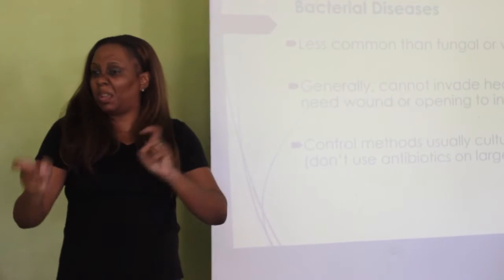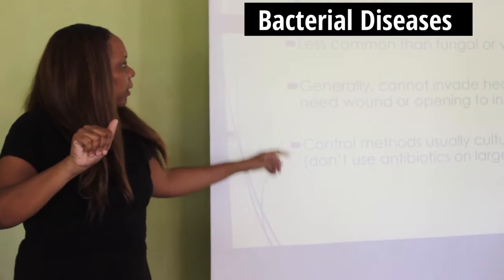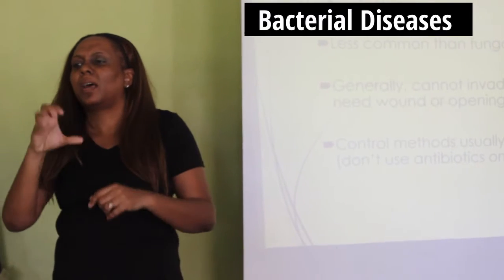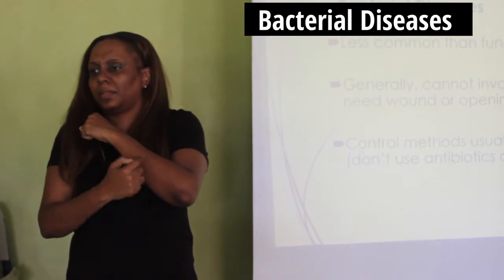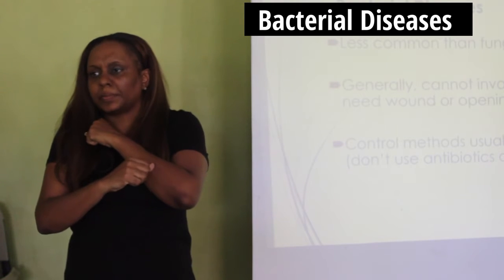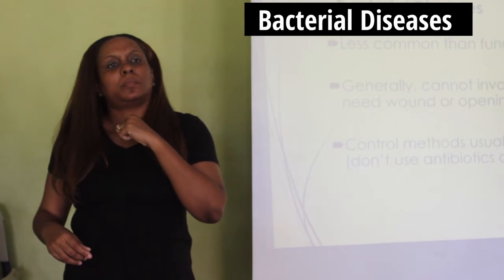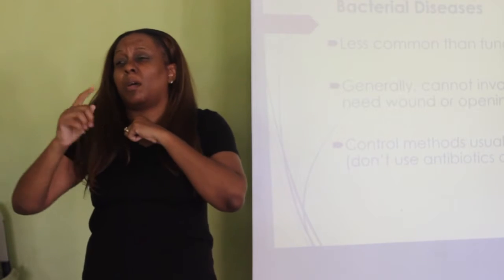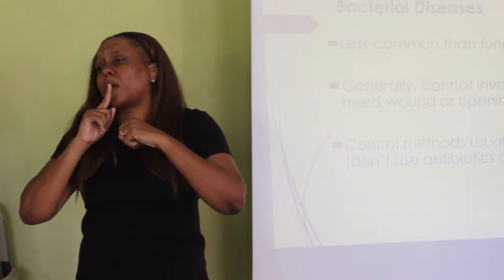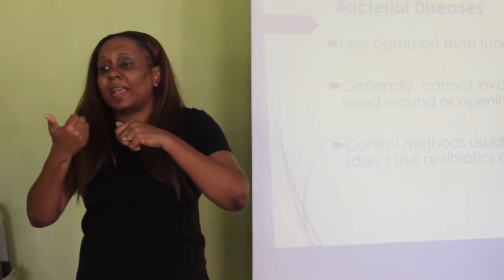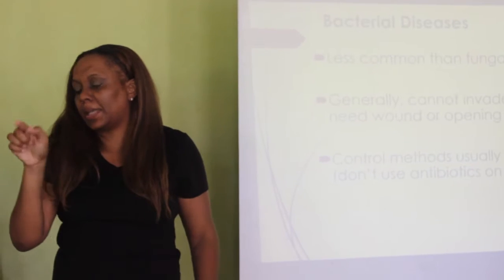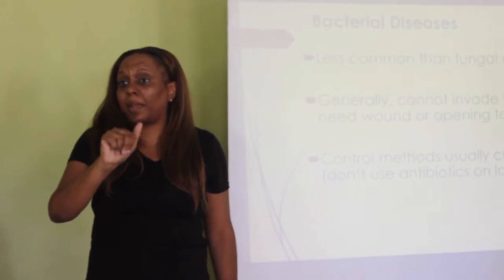The thing about bacteria is that it reacts like when you have a cut. You get a cut and the pathogen or the carrier goes in and infects the whole fruit. So the bacteria normally enter, right? They generally cannot invade healthy tissues. They need wounds or openings to infect.